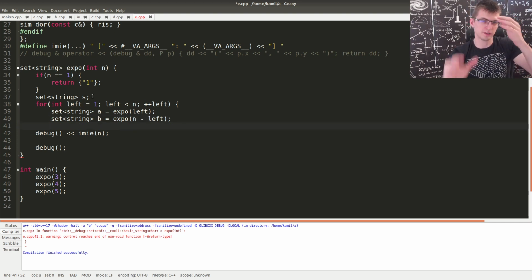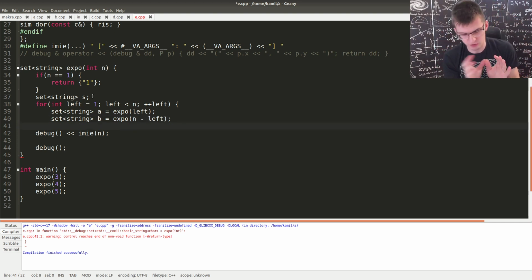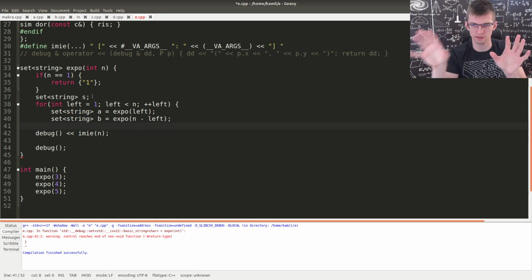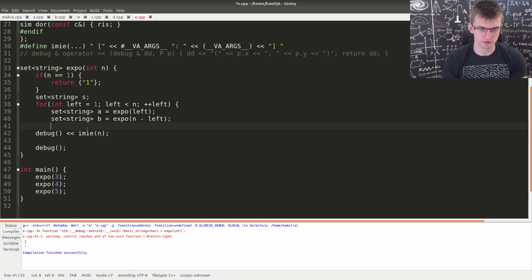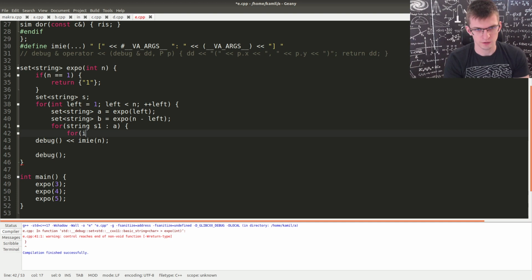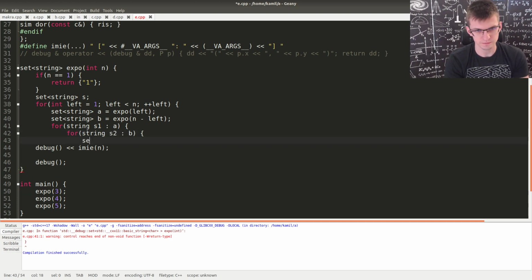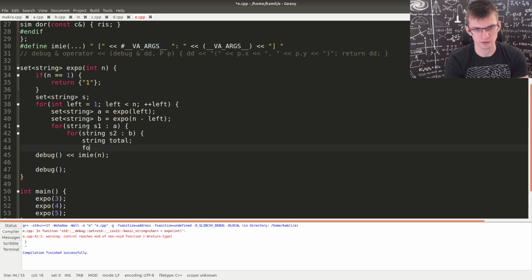For example, if n is 5, maybe the left child of a root is of size 2, like the subtree, and then right is 3. Now I consider all the possibilities. For every string s1 in A, for every string s2 in B, create a new total string.